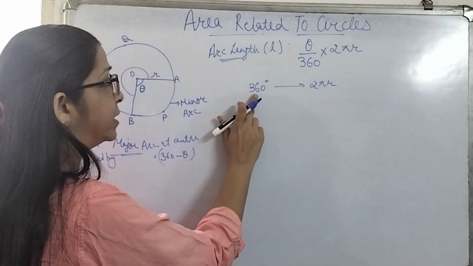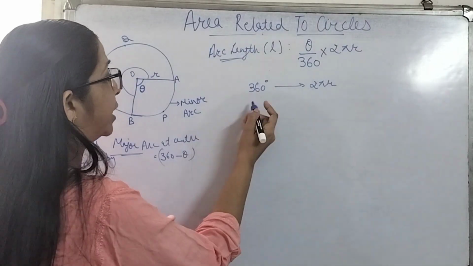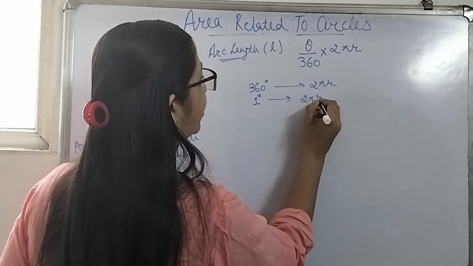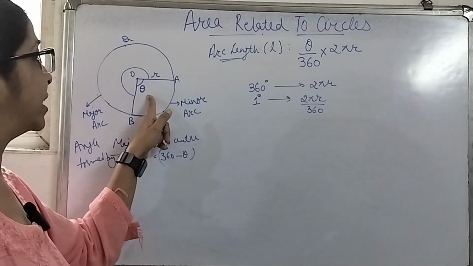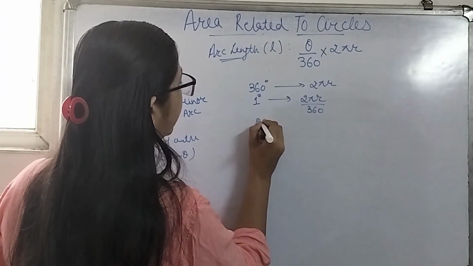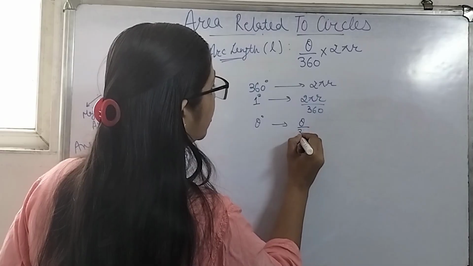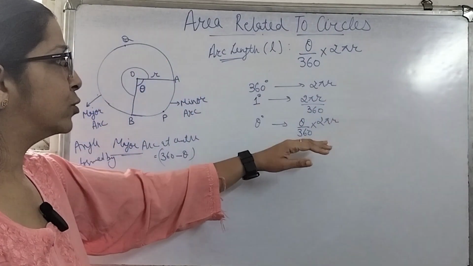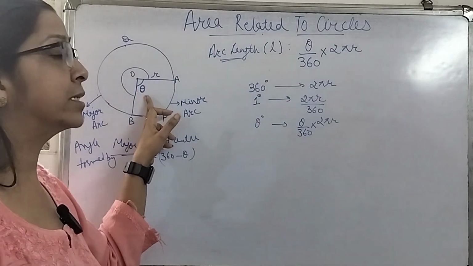If the angle is 360 degrees, the arc length is 2 pi r. If the angle is 1 degree, the arc length will be 2 pi r divided by 360. And if the angle formed is theta degrees, the arc length will be theta over 360 multiplied by 2 pi r. So this is how we can get the arc length if the central angle is theta.